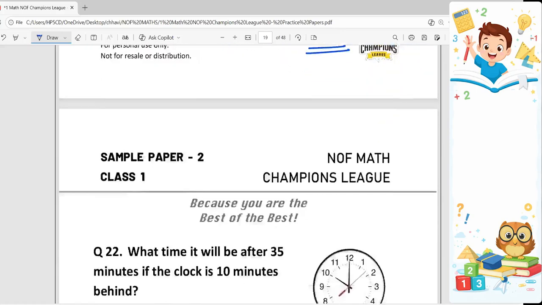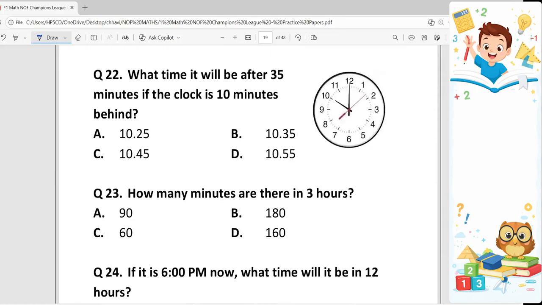Okay. Let's move ahead. 22. What time will it be after 35 minutes if the clock is 10 minutes behind? So we first have to see that it is 10 minutes behind. Right now it is showing 10 o'clock. See, the hour hand is on 10 and the minute hand is on 12.